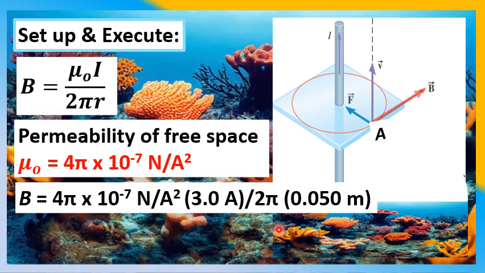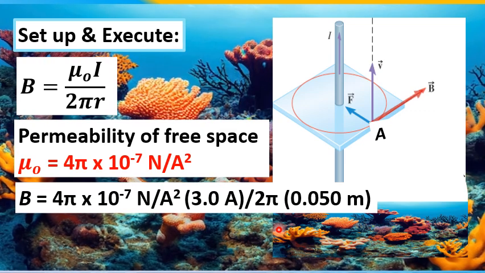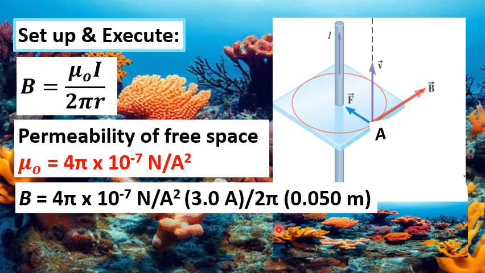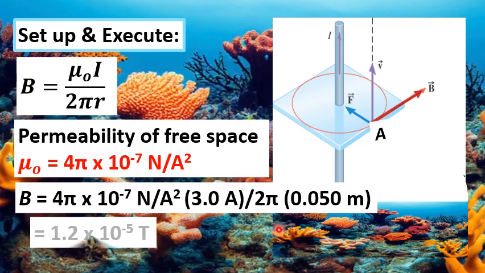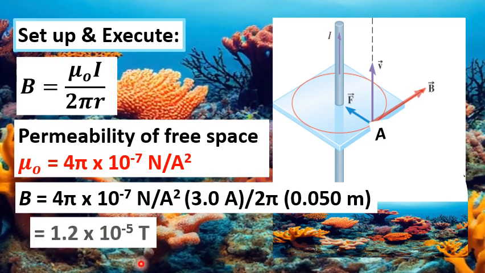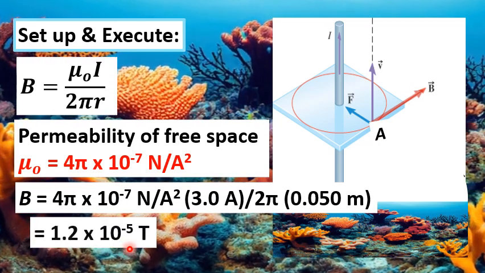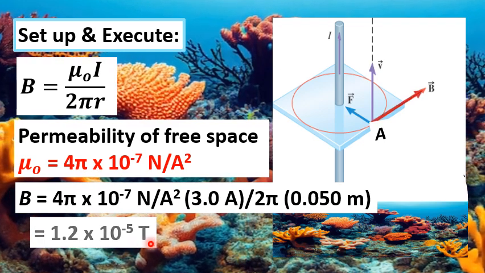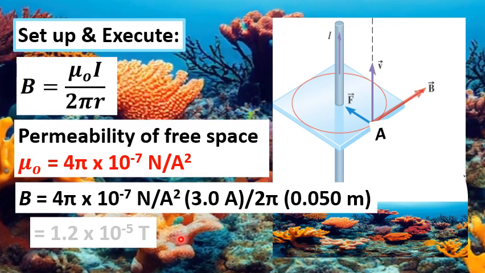So doing our math, we find the magnitude of the magnetic field, capital B, equal to 1.2 times 10 to the negative 5 tesla in two significant figures.